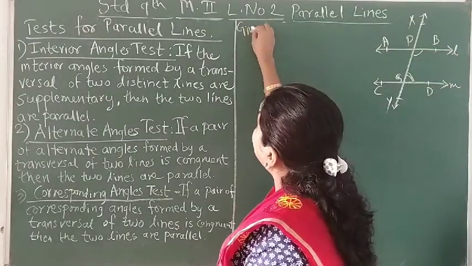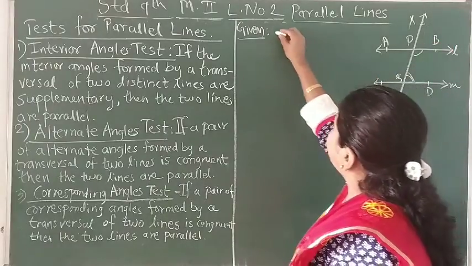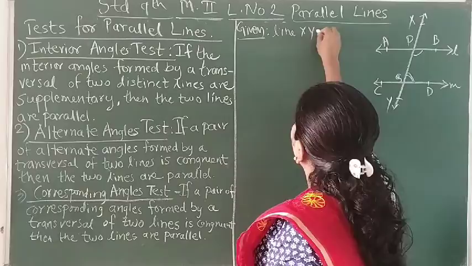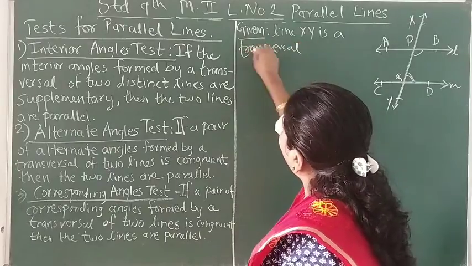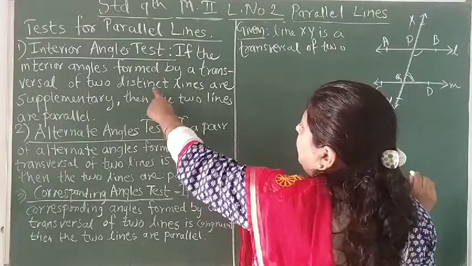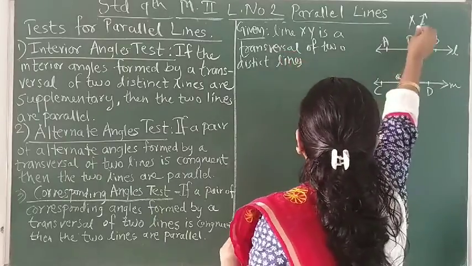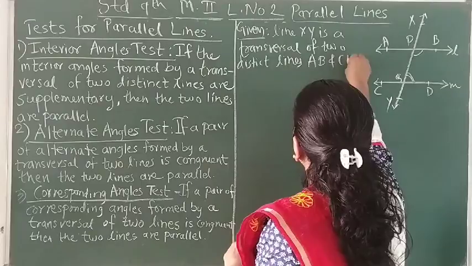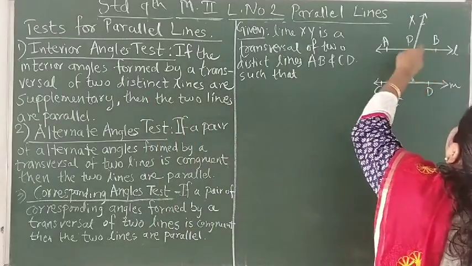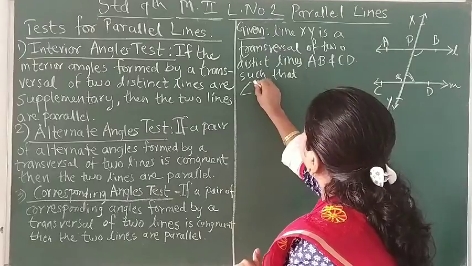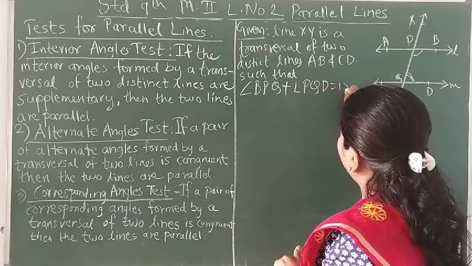So what can be given here? In the given, we cannot say that the two lines are parallel; that will come as the to-prove. Line XY is a transversal of two distinct lines AB and CD, such that the pair of interior angles, angle BPQ plus angle PQD, is equal to 180 degrees.